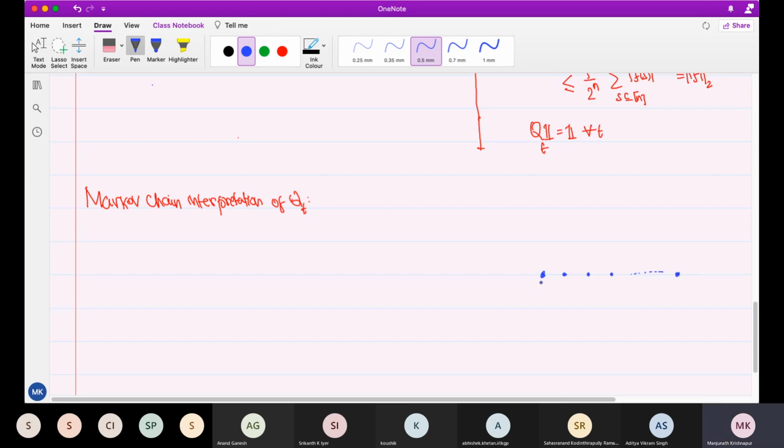So these are coordinates 1, 2 up to n. These are, so to speak, the coordinates of a vector.